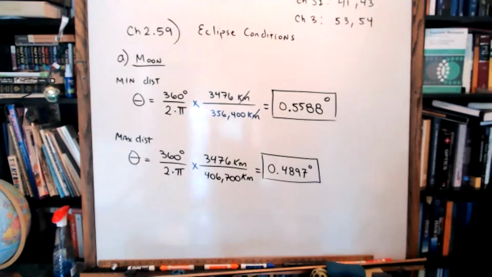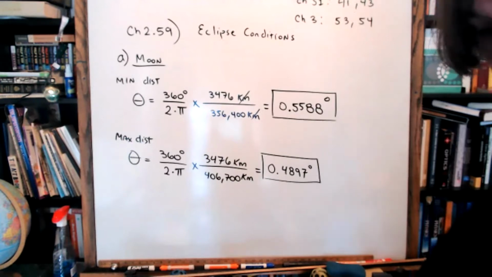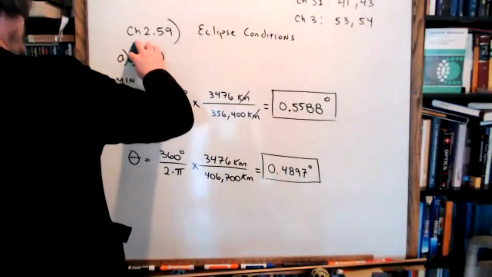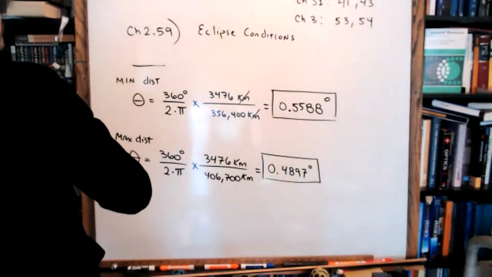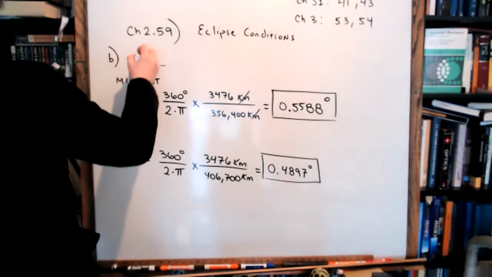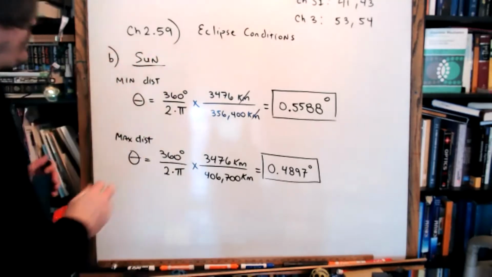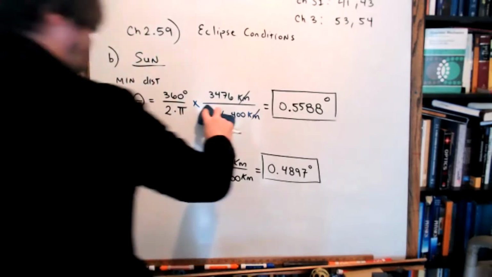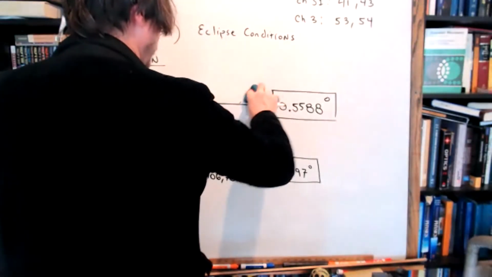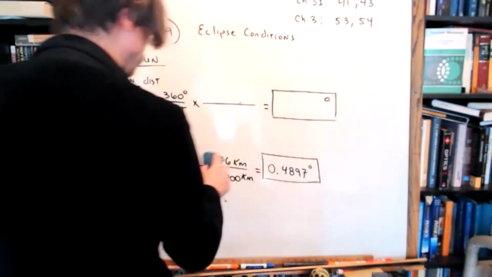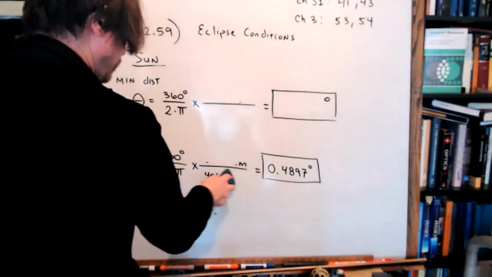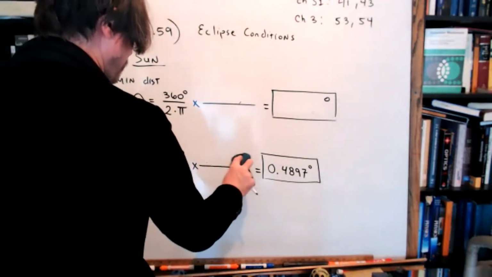Okay, now we have to do part B, which is for the sun. Can I erase here? Does everyone have this? All right. I'm going to save a little bit of marker space and keep my structure here. You guys are going to have to rewrite it. So for B, we're going to take on the sun, and it's going to be the exact same setup, but the S and the D are going to change.